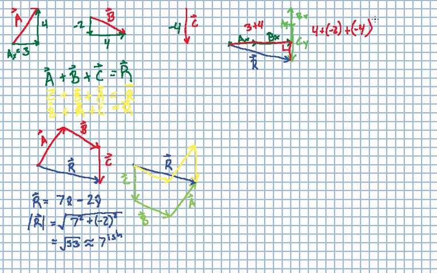So that would be the length of the vertical side, and this is the length of the horizontal side, and ultimately this equals 7, which is what we got for the length of the horizontal side, and this would equal negative 2, which is what we got for the vertical side. And we got this nice right triangle out of it.